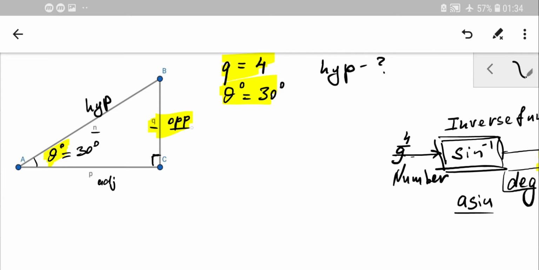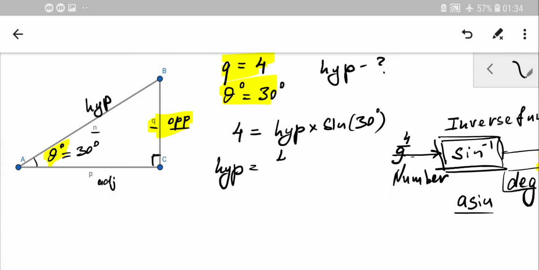Opposite side Q, 4, equals the hypotenuse, which is unknown, multiplied by sine theta, because opposite goes with sine. So sine of 30 degrees. From where hypotenuse is simply 4 over sine 30.